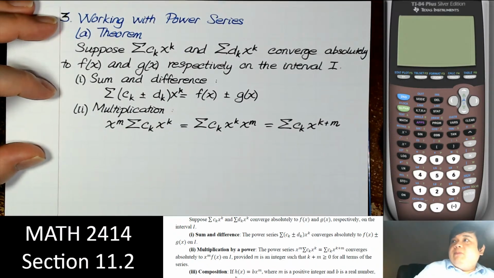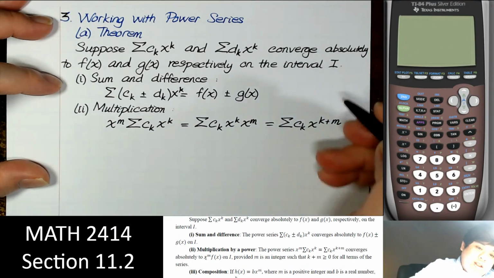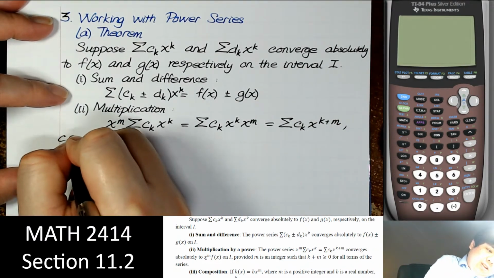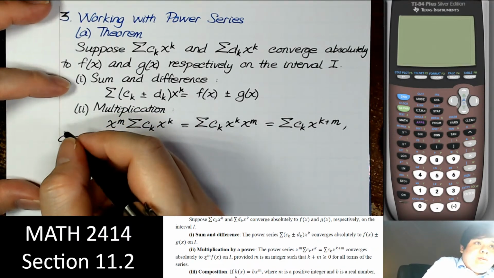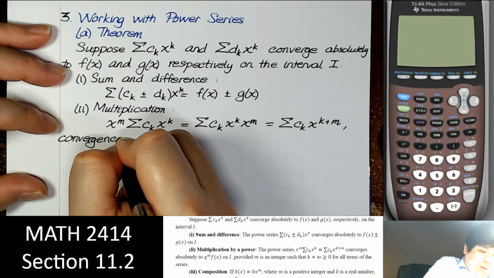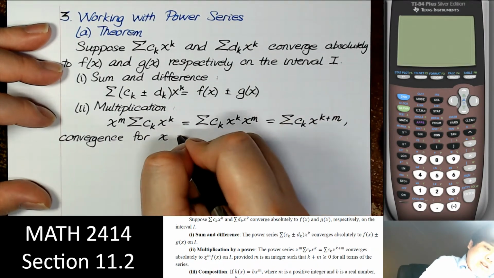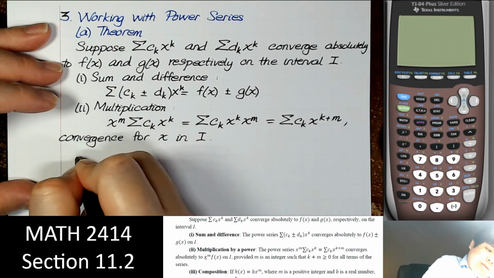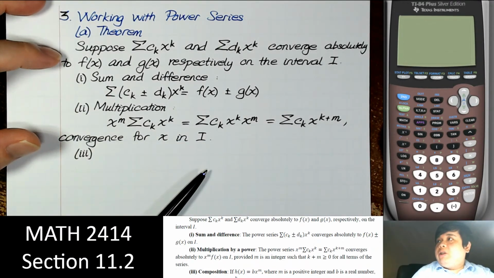It also says that this will be convergent for x in that interval I. And number 3, convergence.